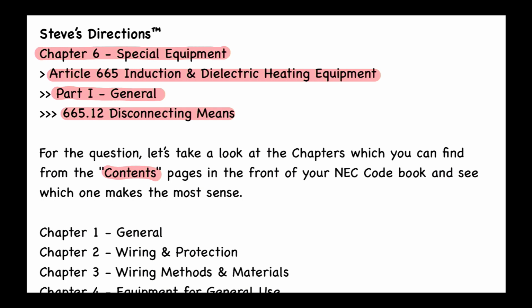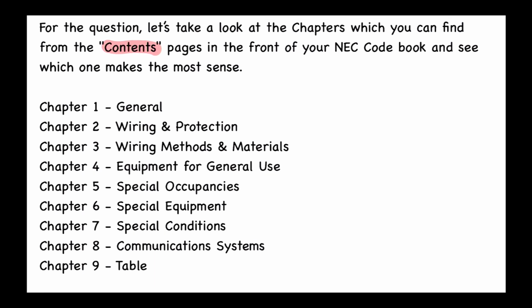In case you don't happen to know what article something is, another way that I like to do this is look at the chapters and see what chapter makes the most sense for where this answer could be. We've got Chapter 1, General, Chapter 2, Wiring and Protection, Chapter 3, Wiring Methods and Materials, Chapter 4, Equipment for General Use, Chapter 5, Special Occupancies, Chapter 6, Special Equipment, Chapter 7, Special Conditions, Chapter 8, Communication Systems, or Chapter 9, that's going to be Tables.